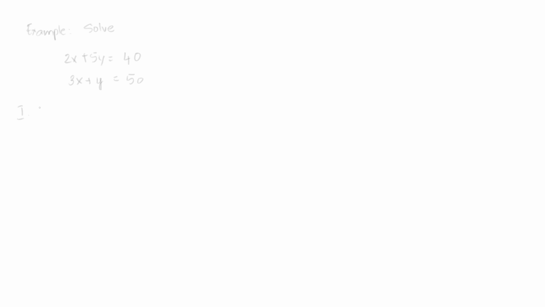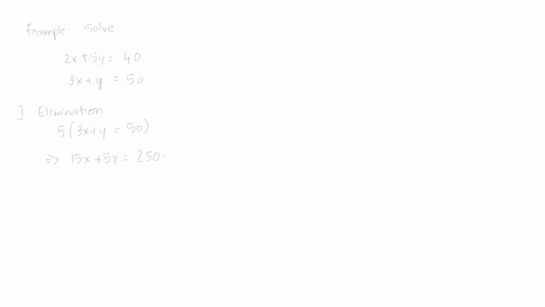So for the first step, I will choose the second equation, and I multiply it by 5 on both sides. So the second equation would now become 15x plus 5y equals 1250. So, excuse me, it's not 1250, it's 250.